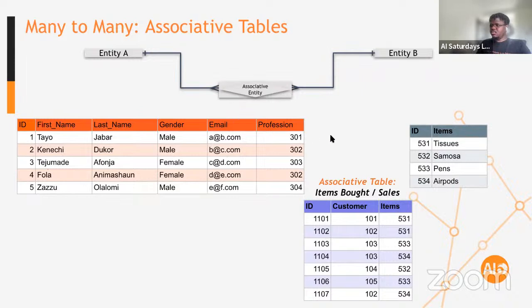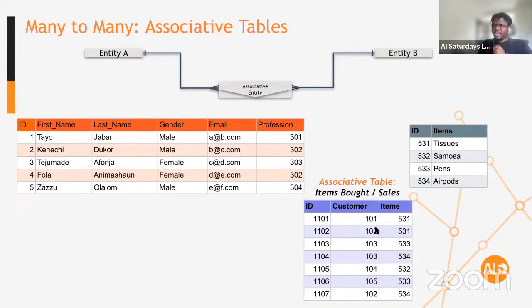So to move forward, the customers and items table. Now, our associative table here is going to be an items bought table or a sales table where we hold information about the customer and the items they have purchased. Now, keep in mind, you notice that this table looks like a table for only codes.